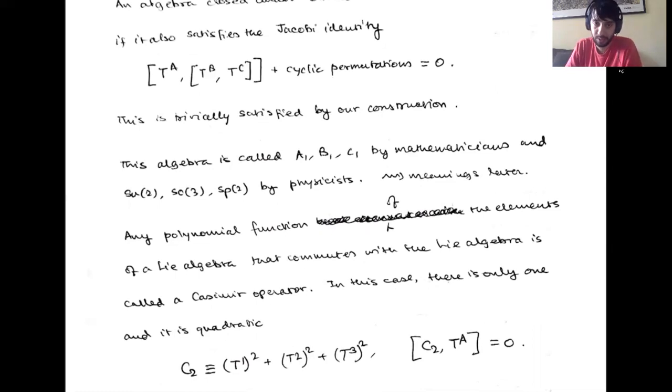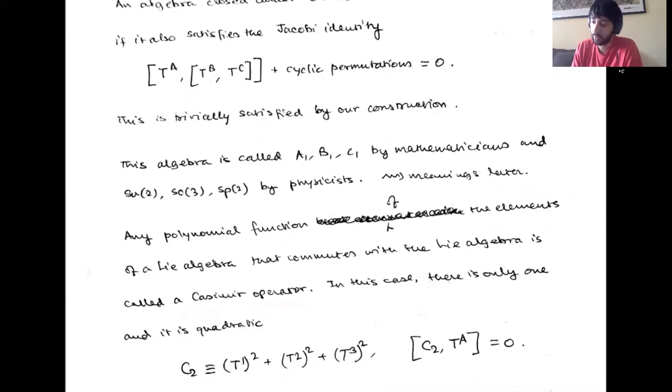Now, any polynomial function of the elements of a Lie algebra that commutes with all the generators of the Lie algebra is called a Casimir operator. In this case there's only one, and it is a quadratic one.